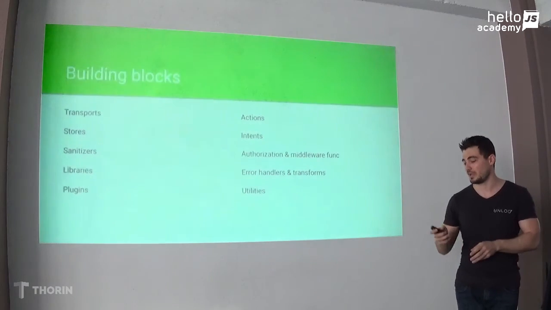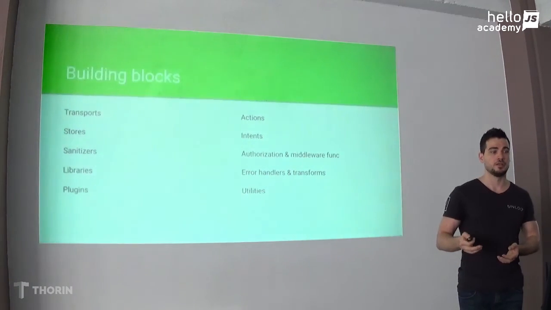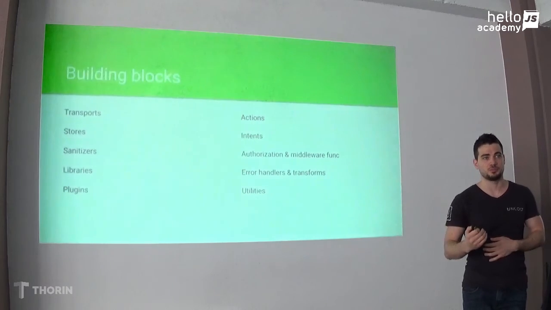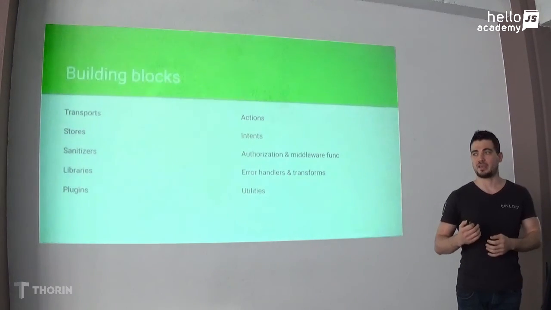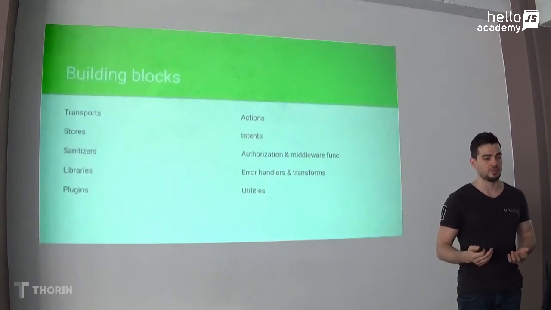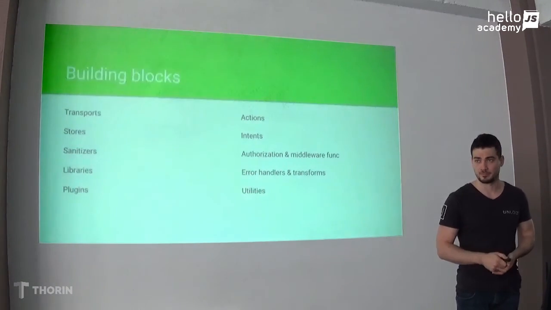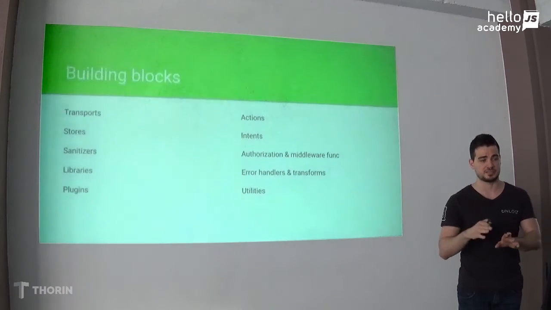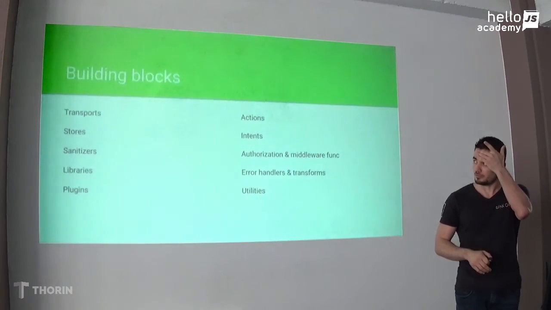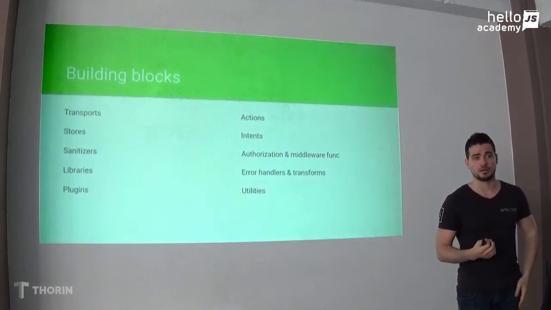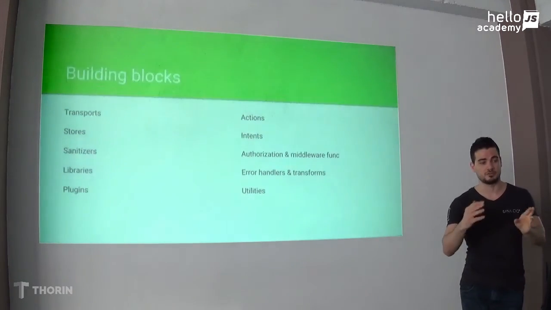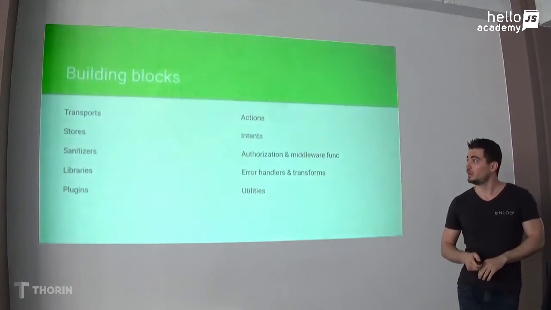For example, we have an HTTP transport that handles HTTP requests, and we have a WebSocket transport that handles WebSocket requests and WebSocket events. So it standardizes everything, and it offers you a single intent that contains all the information of the request.